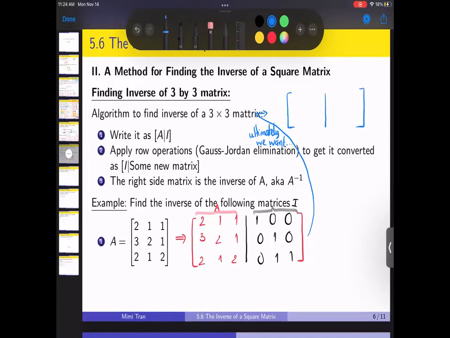The identity is going to be moved to the left, and on the right is going to be your A inverse. That's our goal. We're going to use Gauss-Jordan elimination, that's step number 2, to rearrange it so that the left side is the identity and the right side is a new matrix, your inverse matrix.